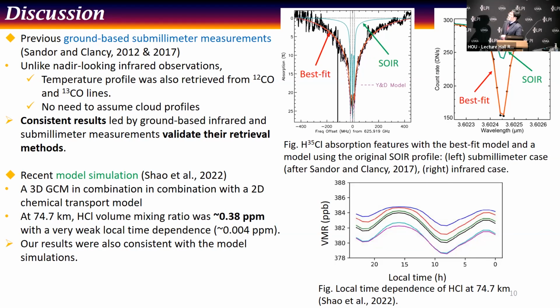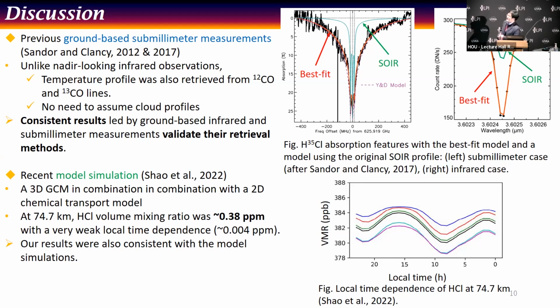In addition, submillimeter observations do not require any assumptions regarding clouds, because clouds are transparent in the submillimeter range. So we can state that the consistent results from ground-based infrared and submillimeter measurements validate their retrieval results, which are different from each other.